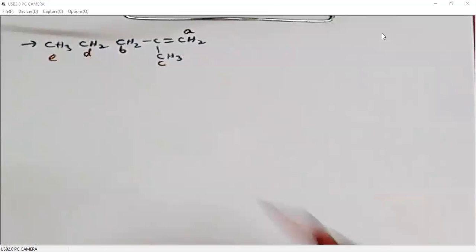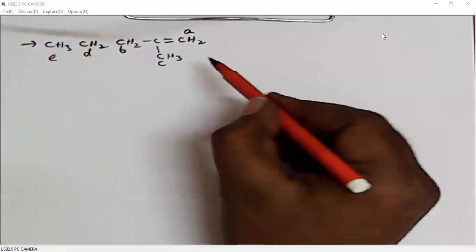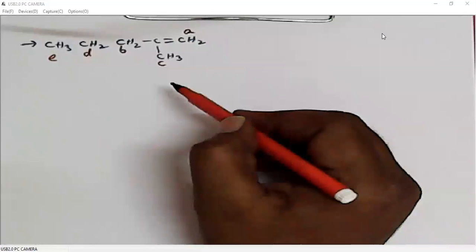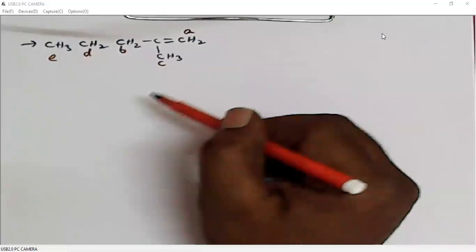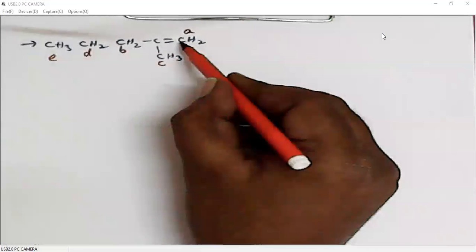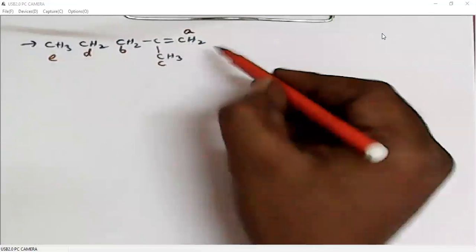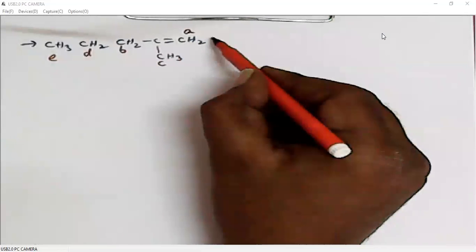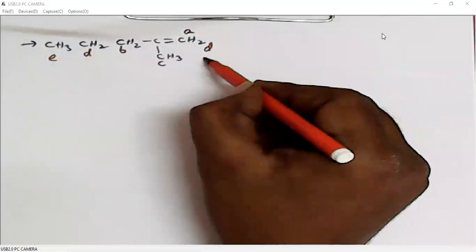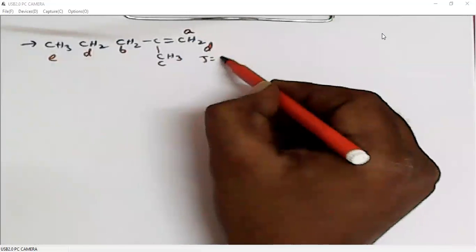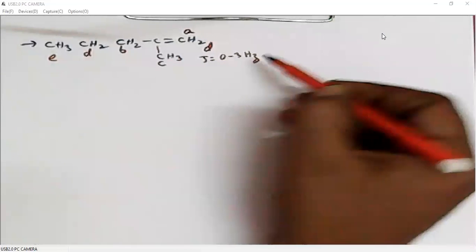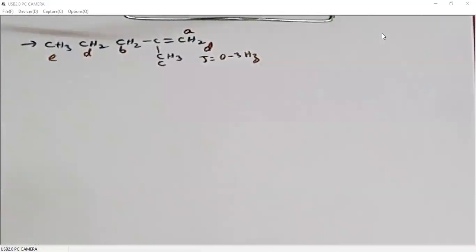So when we know the order of frequencies, we can also predict the multiplicities. In this case, though this carbon doesn't have any alpha protons, these two protons will couple with each other. They will couple with each other, so it gives a doublet, and generally the J value for this coupling is very low.